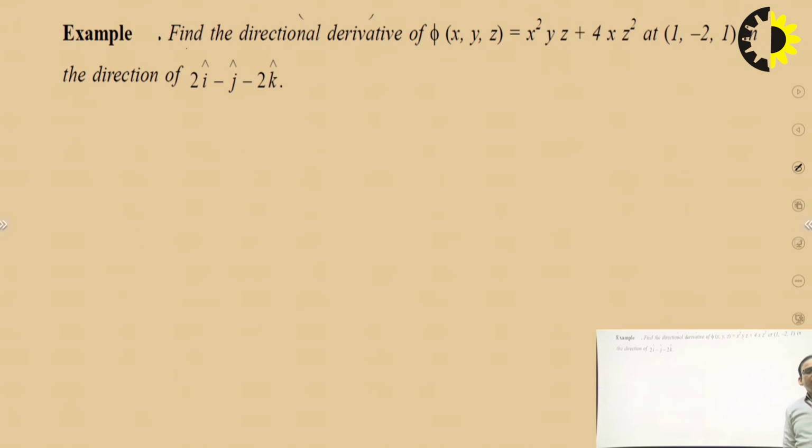So, we are given a function phi of x, y, z, which is an equation of a surface, at the point 1, minus 2, 1 in the direction of the given vector 2 i cap minus j cap minus 2 k cap. This vector is taken to be vector A.